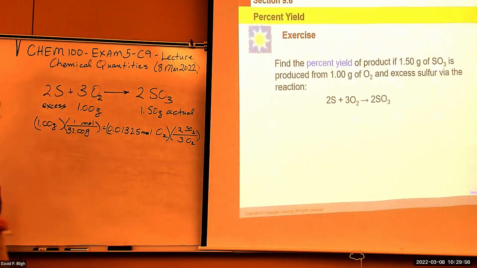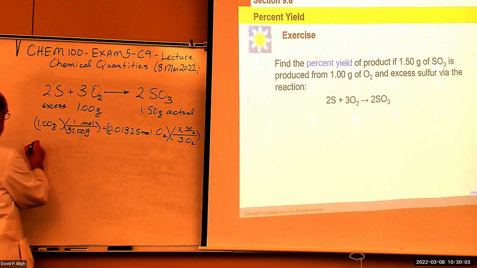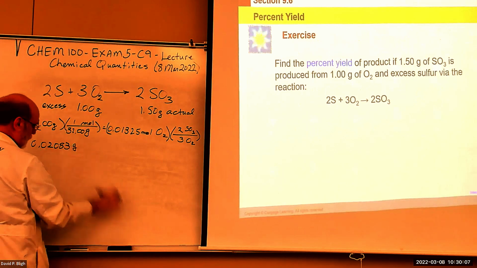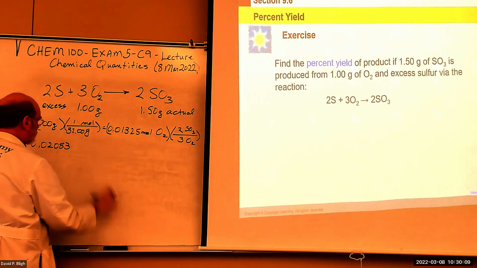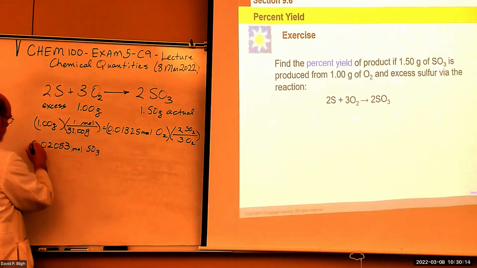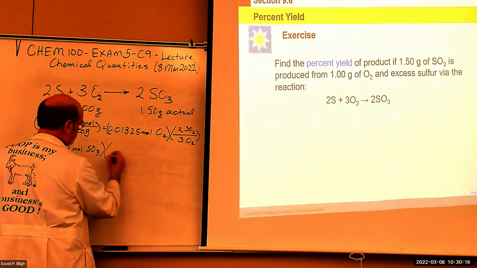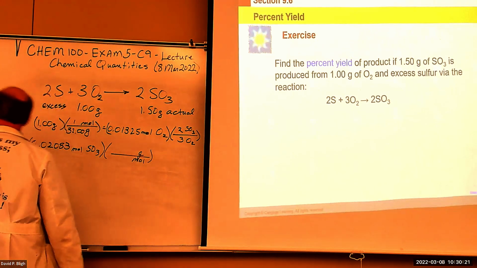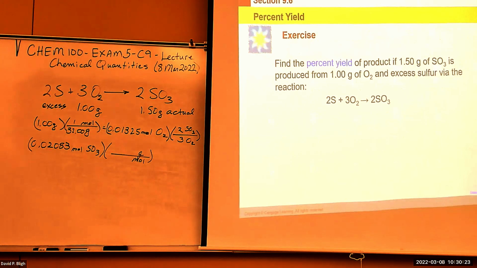So 2/3 of that value is 0.02083 moles of SO3. Now we need to convert that to mass. Sulfur is 32.07 from the periodic table.